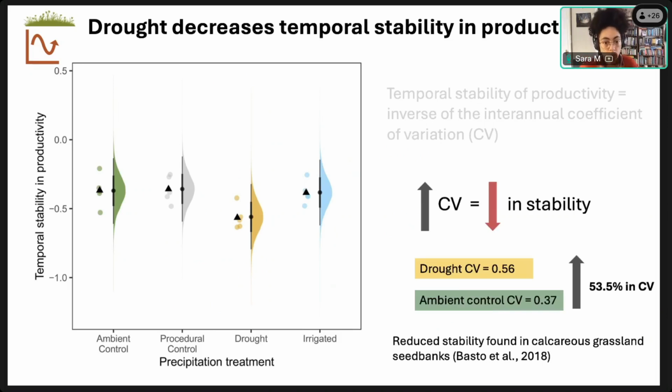The drought had a much greater coefficient of variation, so it's much more unstable, and you can see it here in this graph. This agrees with work at a different site, the Buxton experiment, where they were looking at seed banks, and they saw a similar dynamic there as well.